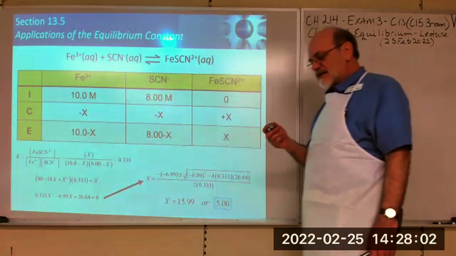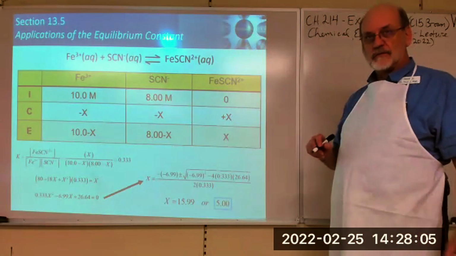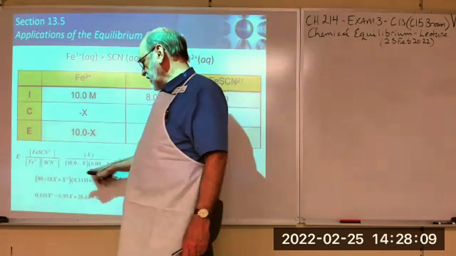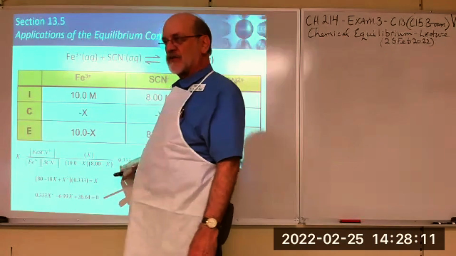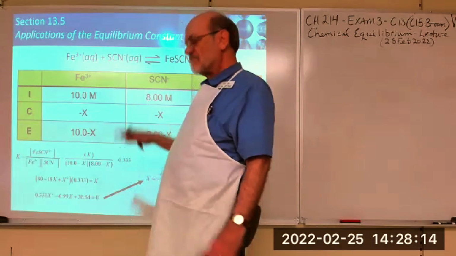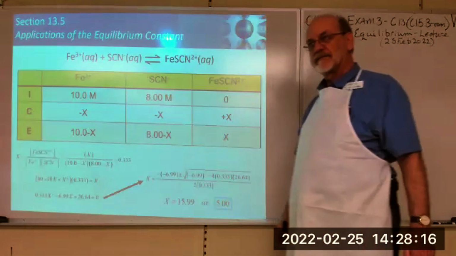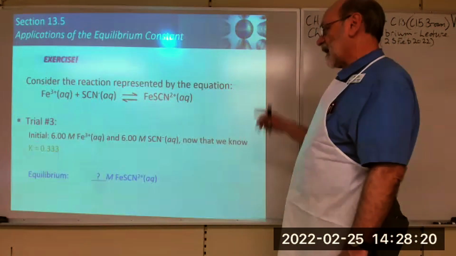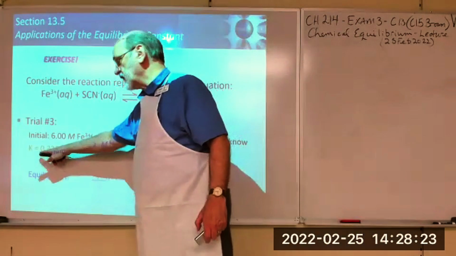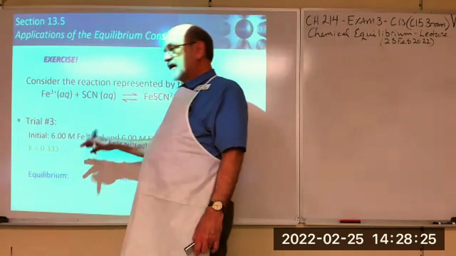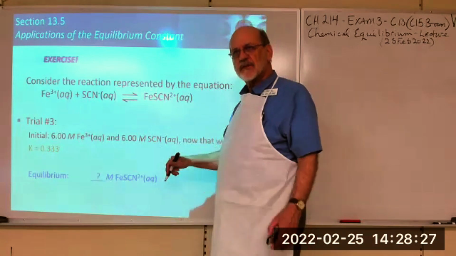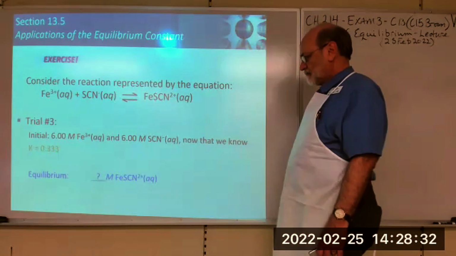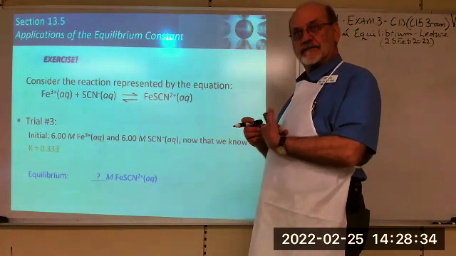And we use an estimation rule, 5% rule: is the answer you get from this calculation within 5% of the actual value? If it is, then you can go with it. We should have examples here that we can use. We can't use it for this one because that K is too big. If the K is really small, like 10 to the minus 3 or 10 to the minus 7, something like that, then usually that estimation will work and save you going through the quadratic.